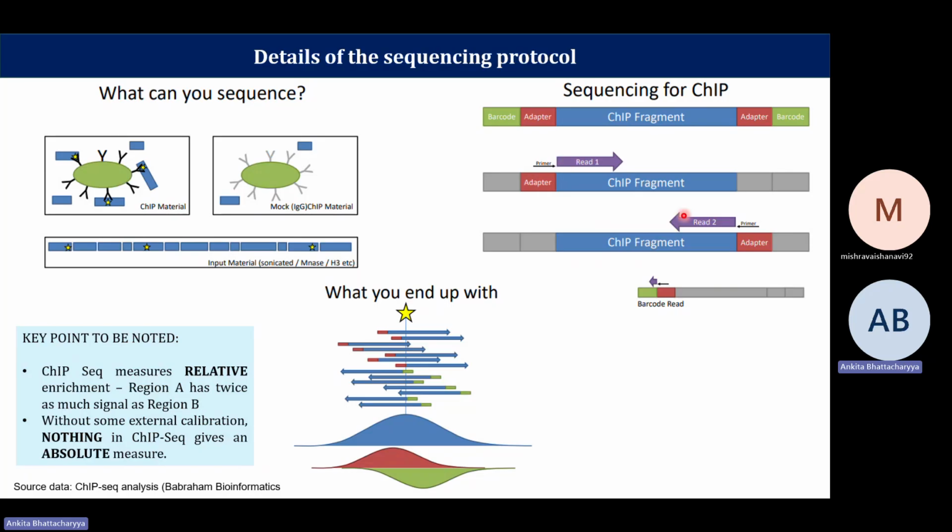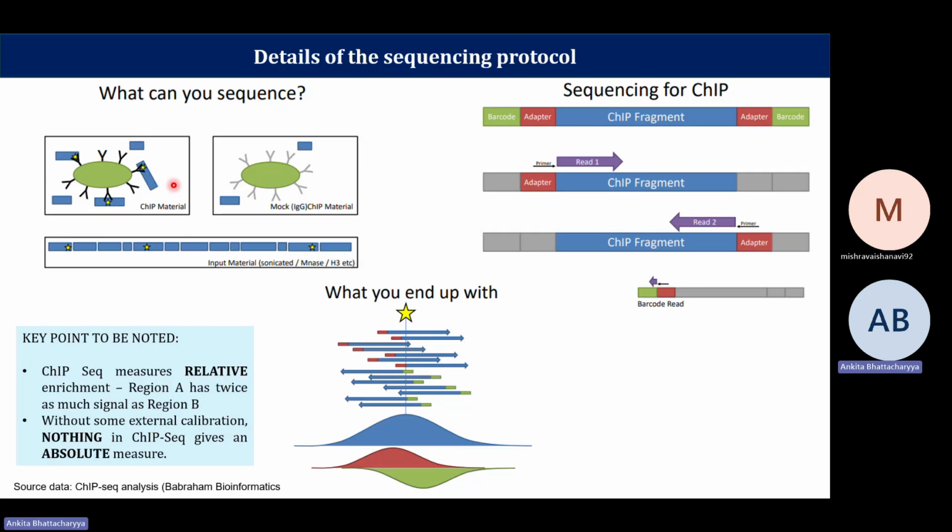This is your read one and read two, because this is an example of paired-end sequencing, and along with it you have your barcode read, which allows you to categorize your sample. You end up with information like this, which shows how much enrichment or binding there is at the site you wish to study. That is because your protein was present, your antibody bound to it and pulled down those regions, and gave you all that information.